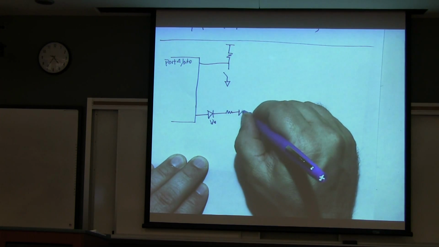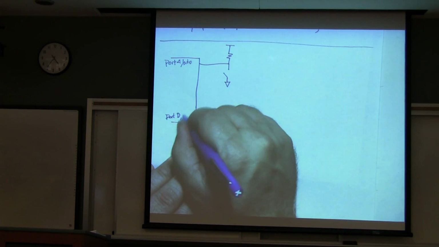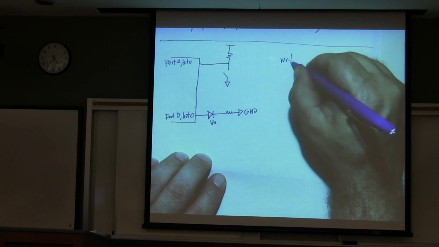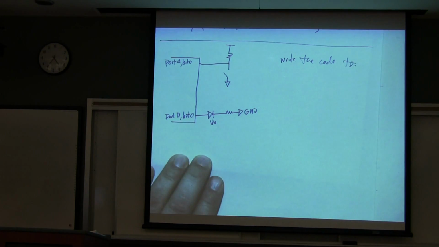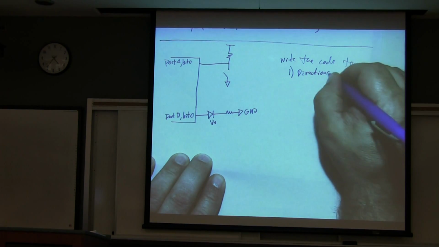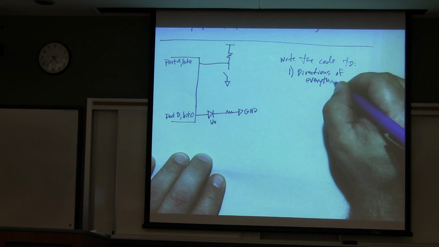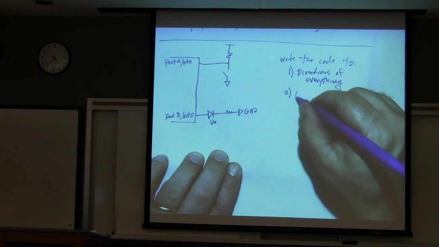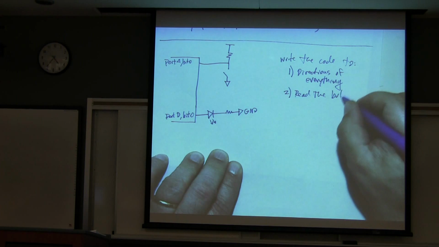And this is port D, bit 0. So write the code. Number 1, set the directions of everything. Number 2, read the button.